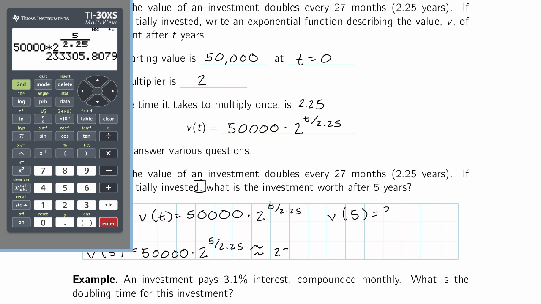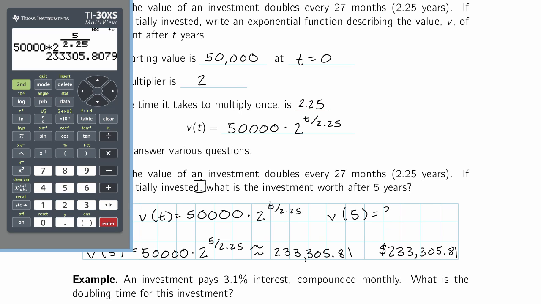So we've got 233,305.81. We're talking about money, so that's $233,305.81 is what this investment will be worth after 5 years, if it doubles every 2¼ years.